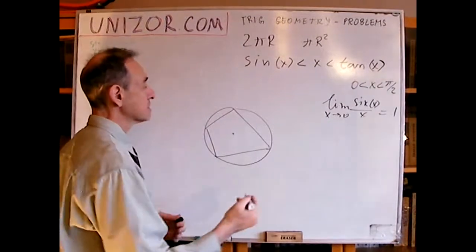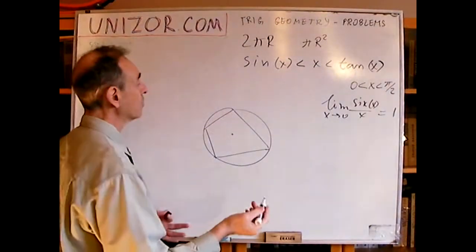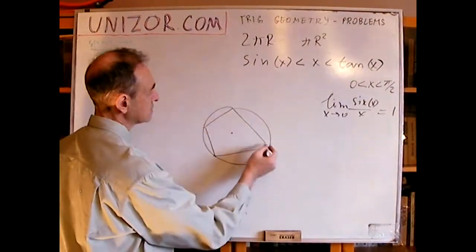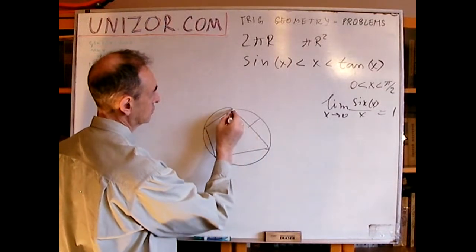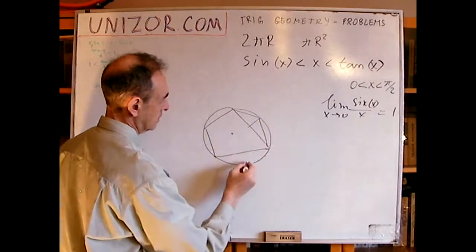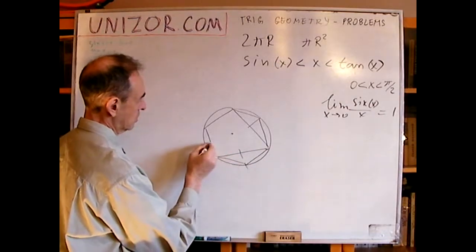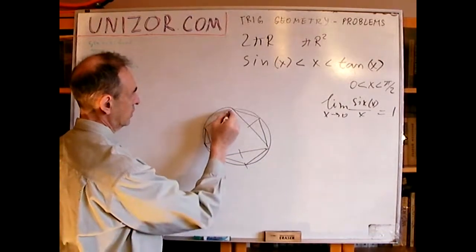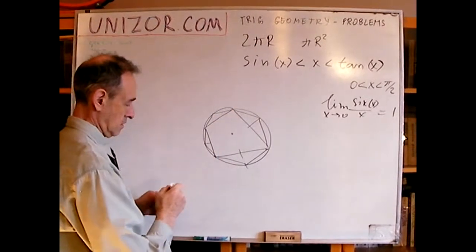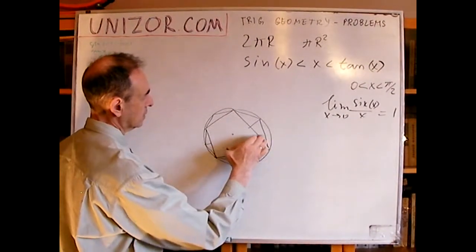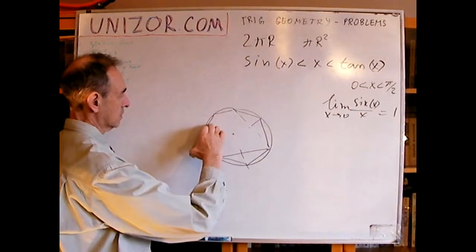So if you have this process, how can you accomplish it? Well, you can always define a new polygon by dividing each side in two and replacing the old polygon with the new one, like this.